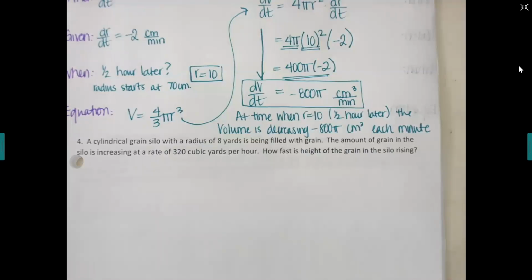Does that make sense? Then you're going to look back at your front page for the equation for the area of that shape. What's the shape? Rectangle. So how do we find the area of a rectangle? Very good. Write it down for your equation: A equals LW. And then if you want to take the derivative of that, what rule are you going to have to do?